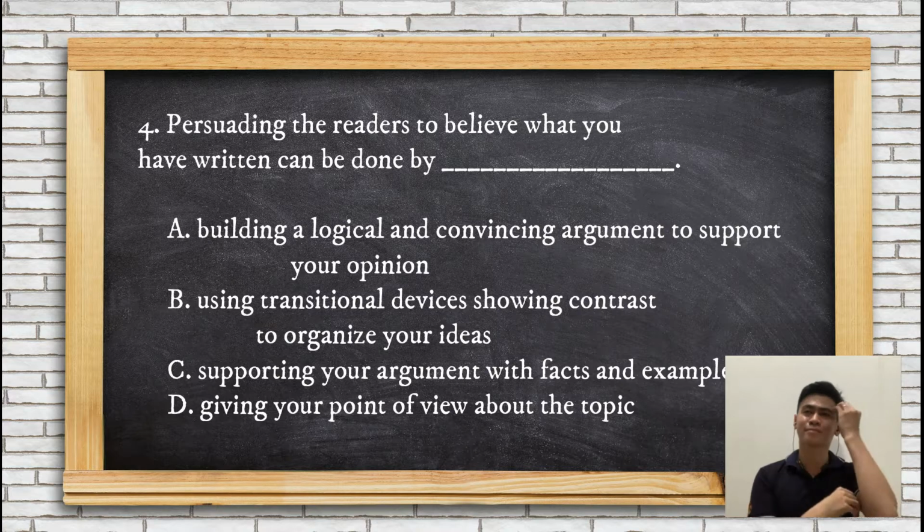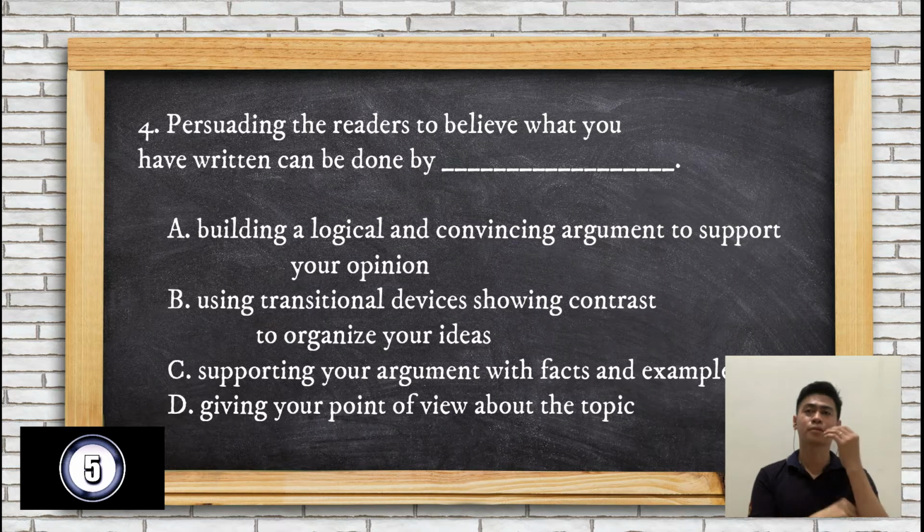Building a logical and convincing argument to support your opinion. B. Using transitional devices showing contrast to organize your ideas. C. Supporting your argument with facts and examples. Or D. Giving your point of view about the topic.